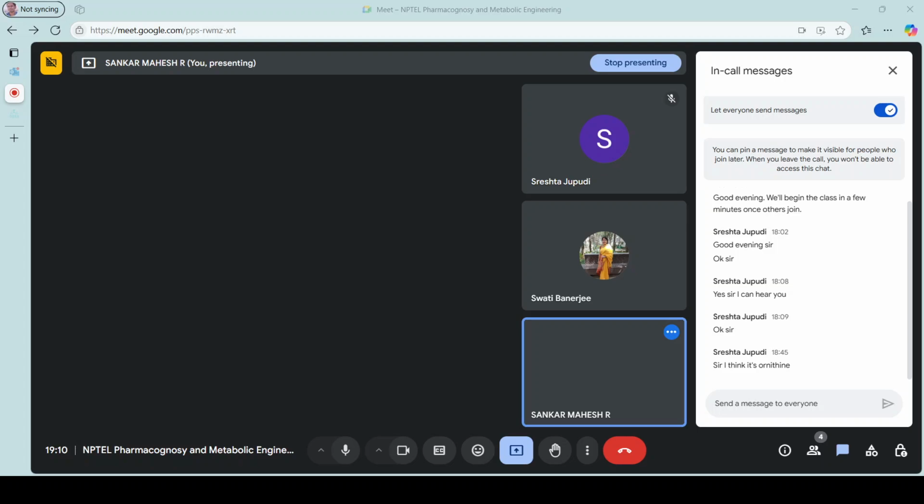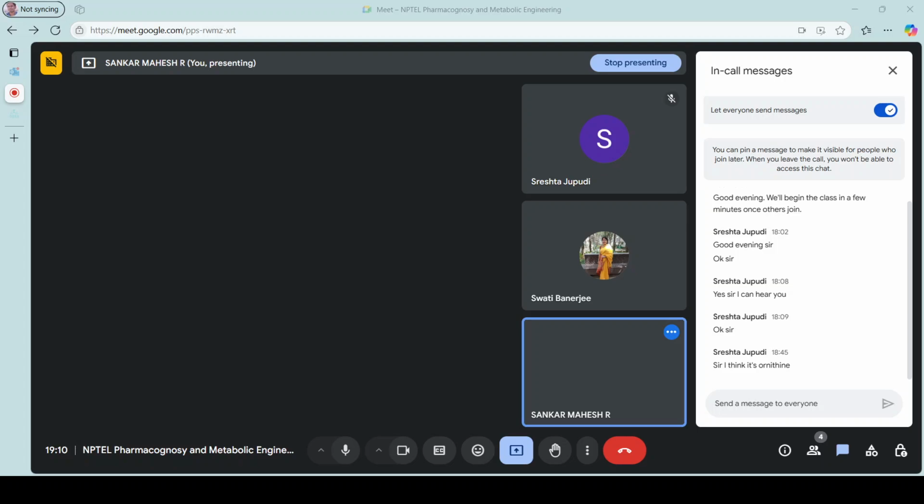Finally, the last question for this week's tutorial session. Identify a biologically important molecule produced as an intermediate during the biosynthesis of benzylisoquinoline alkaloids in plants.